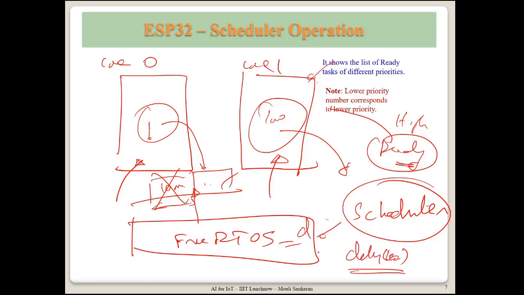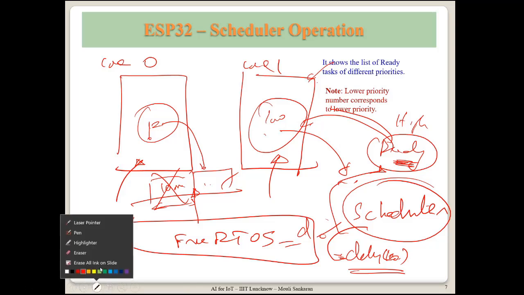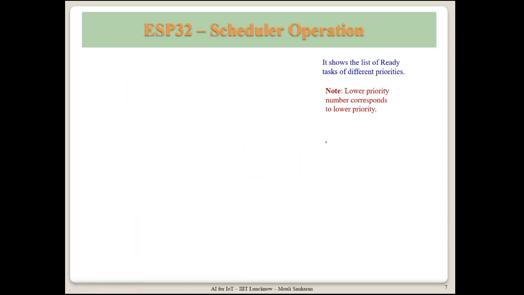That time has elapsed, and this delayed task is put into the ready queue. Now, whatever is running, if it is a lower priority task, this higher priority task which has become ready should be given the core. So it is priority based scheduling. The FreeRTOS running on our ESP32 is a priority based scheduler.